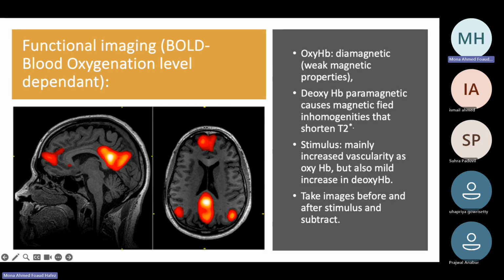When we apply a stimulus, such as talking, to examine the talking center in the brain, it increases the vascularity and the oxyhemoglobin in that area. We take images before and after the stimulus and subtract them to see how the stimulus altered the brain.